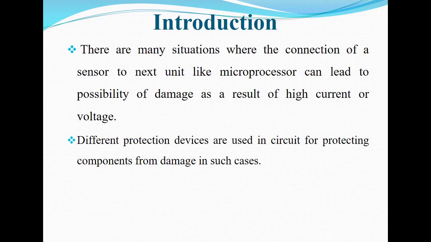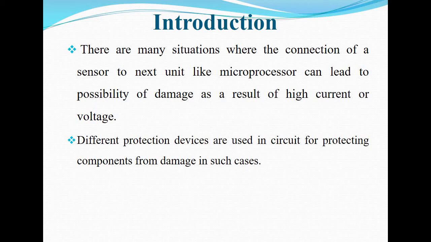Introduction. There are many situations where the connection of a sensor to the next unit like a microprocessor can lead to the possibility of damage as a result of high current or voltage.